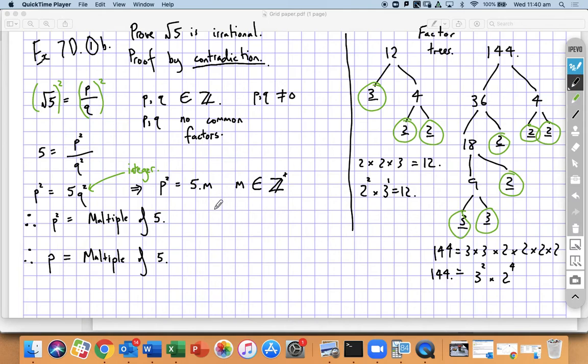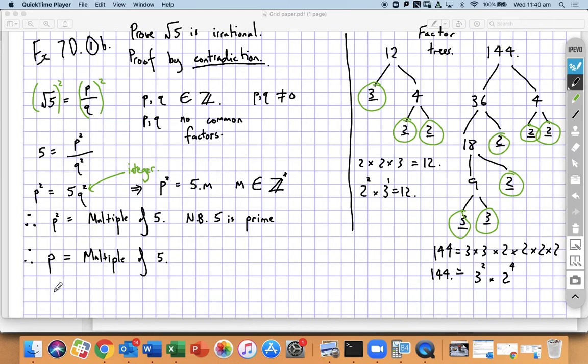And because 5 is prime, so it's like nota bene, note well, that 5 is prime, right? Any prime factor that's present in the square has to also be in the original number, right?